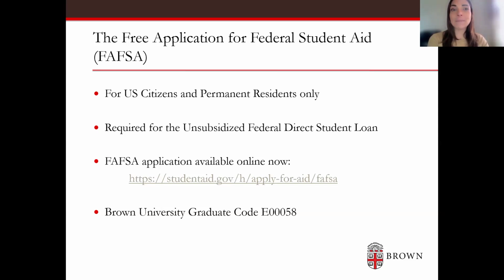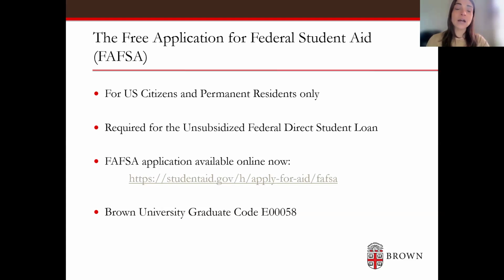The FAFSA is an application that is available for U.S. citizens and permanent residents to complete on an annual basis for each academic year that they plan to enroll. Any student that is eligible to file the FAFSA and is interested in potentially borrowing from the federal direct loan program, specifically that unsubsidized federal direct loan, would be required to file the FAFSA.